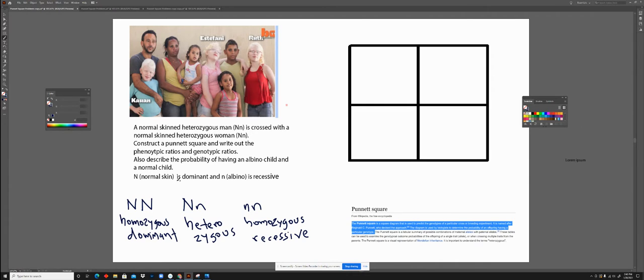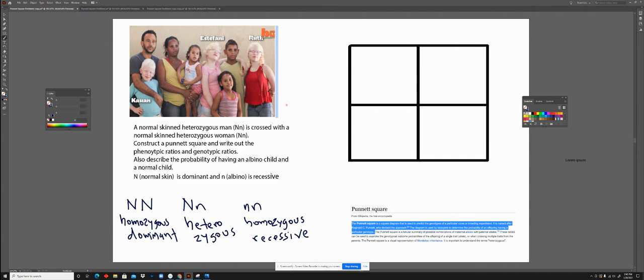Dominant means if you have one dominant gene, it masks the effects of the defective gene. So even though this man and this woman have the gene for albinism, their normal gene is enough to have normal skin. Really important to understand. Most of the time, the problems will tell you which one is dominant and which one's recessive. If it doesn't tell you, the capital letter is dominant and the lowercase is recessive.